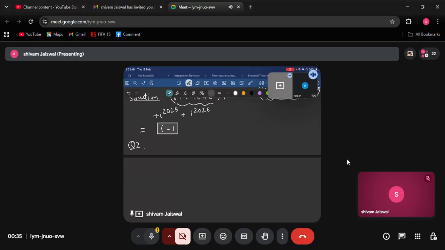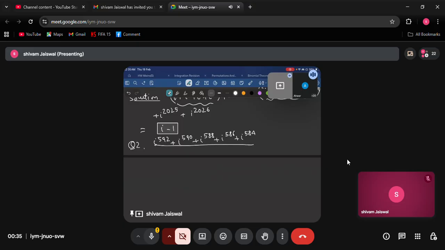Question number 2, last one. Iota to the power 592 plus iota to the power 590 plus iota to the power 588 plus iota to the power 586 plus iota to the power 584.